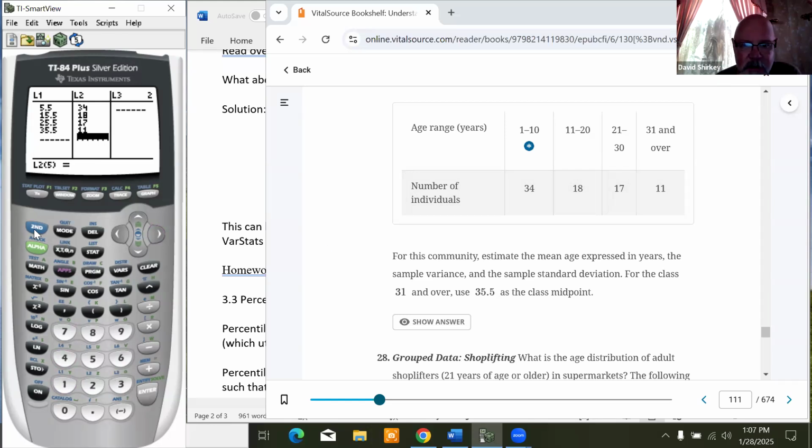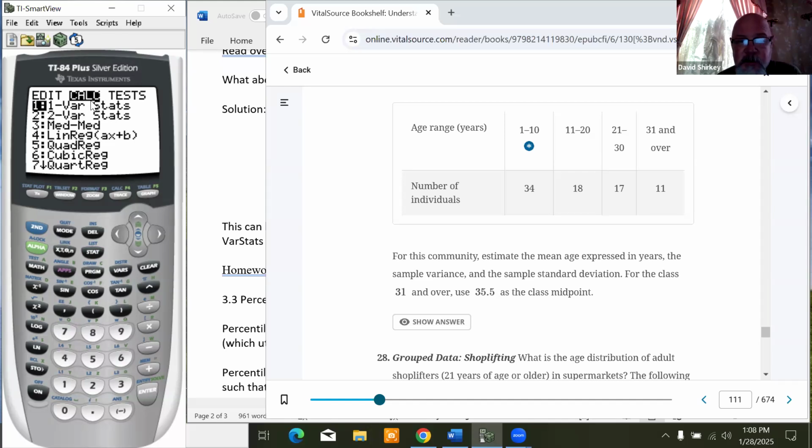So now we're going to do second quit, which is above the mode key. Then we're going to go back into stat, and we're going to arrow over at the top to calculate. So I arrow to the right. Here's what we want to do. And this is in your notes, by the way, it explains this. Single variable stats, that's option number 1. We're going to press enter.